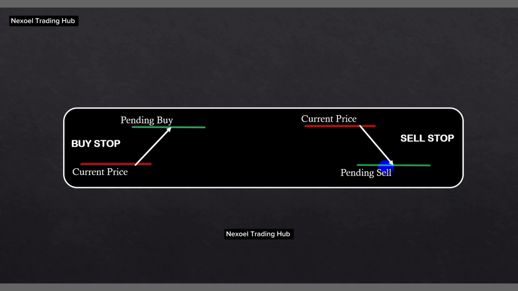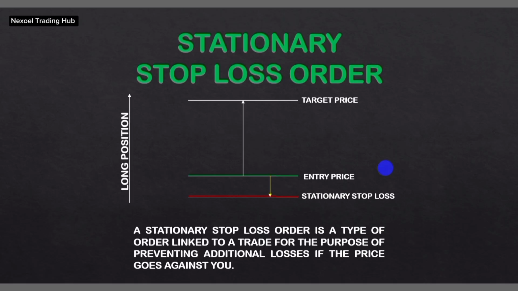So the next type of Forex order you have to understand is what we call the stationary stop loss. When you hear the word stationary, meaning it is static, it is not dynamic. For it to be dynamic, it means there have to be a force applied to it.